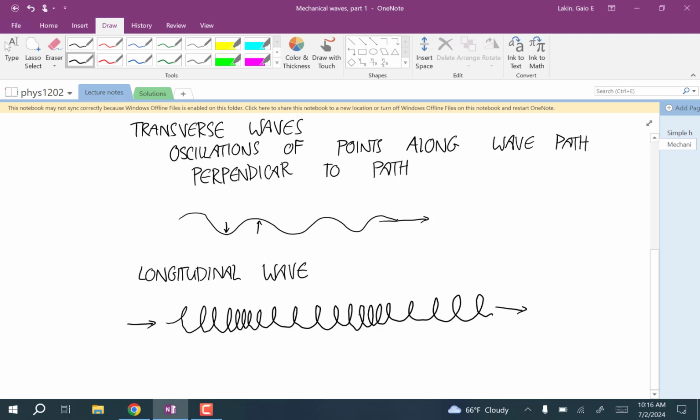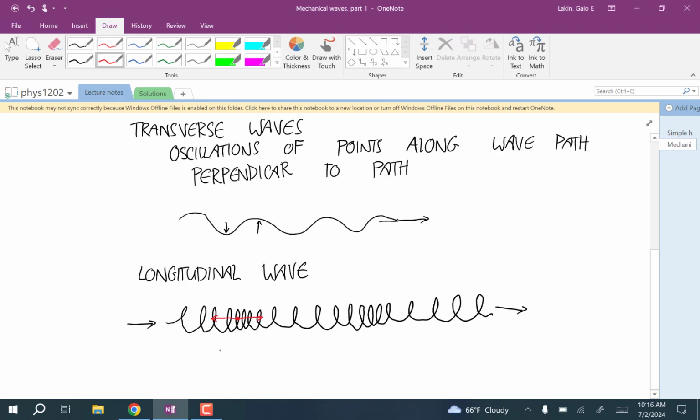And what's happening is that each point on the spring is oscillating parallel to the direction of the wave. And so these are oscillating in this direction.